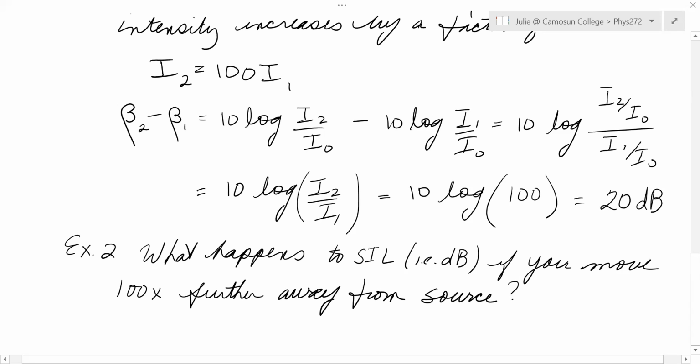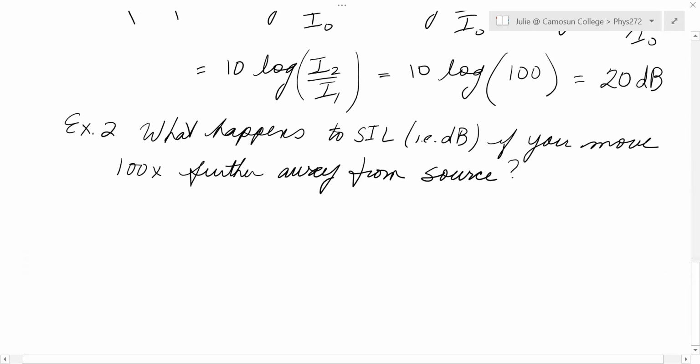Now remember that the power of the source doesn't change, just the intensity does, because you're moving away and you have more area that sound has to pass through.